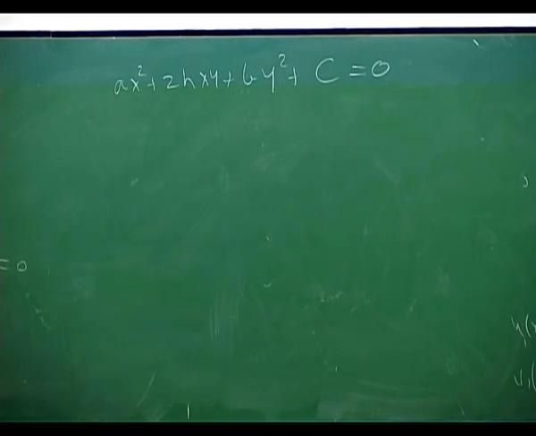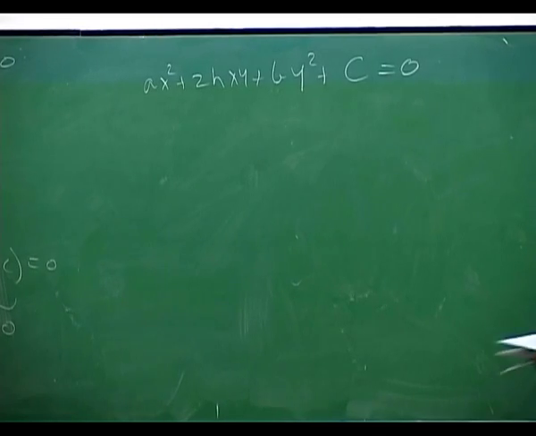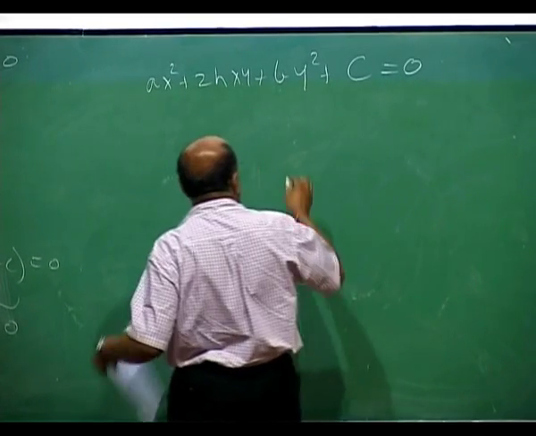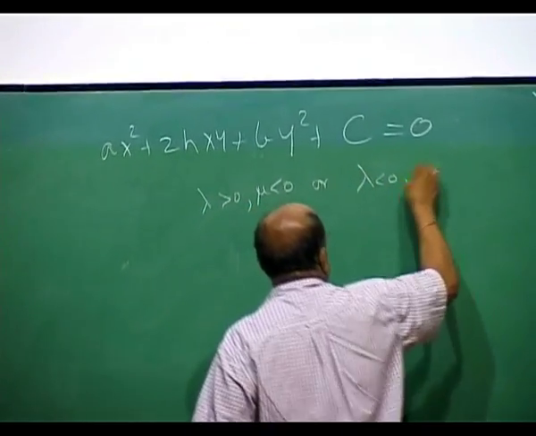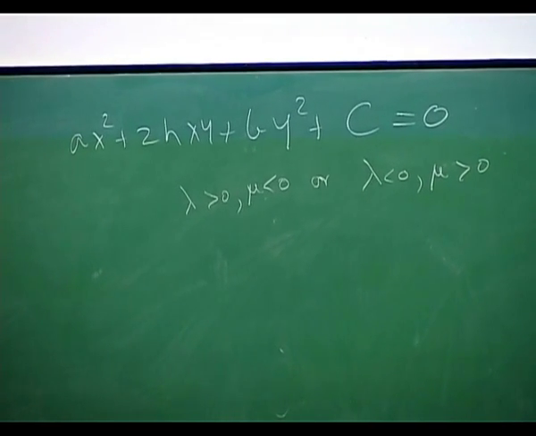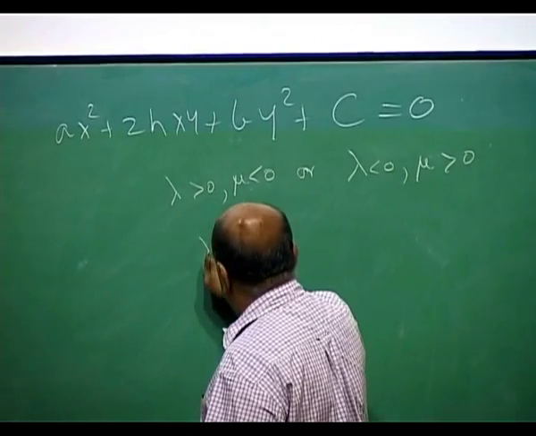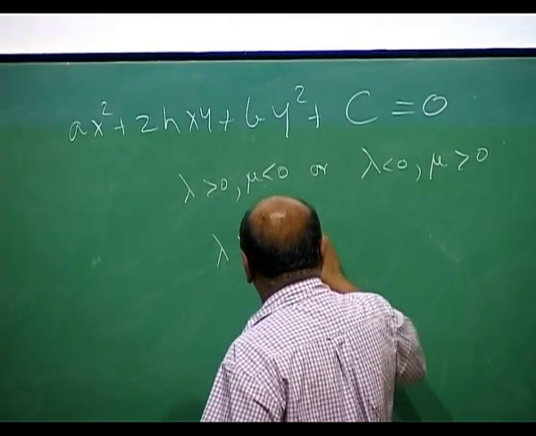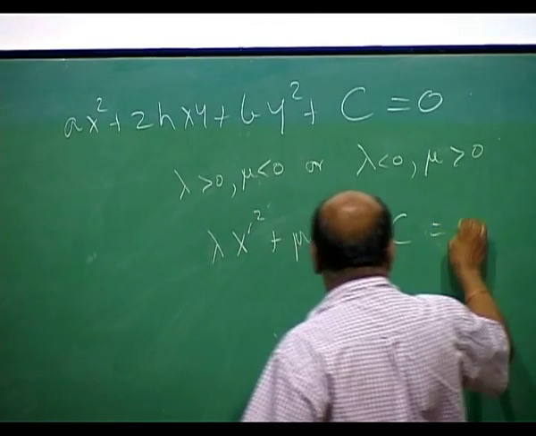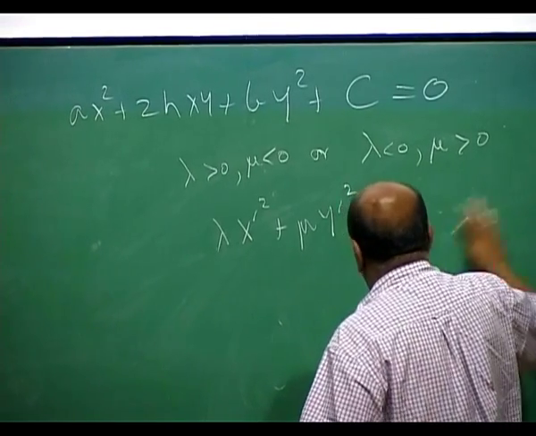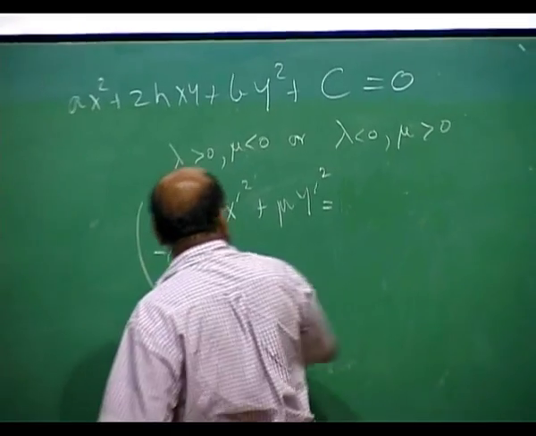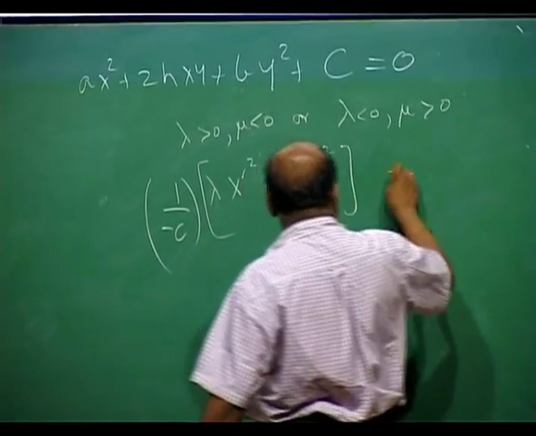So you can divide throughout by C and you will tumble into the case equal to 1 as we did last time. So if you have lambda positive, mu negative or lambda negative, mu positive, this will become lambda x dash square plus mu y dash square plus c equal to 0, or I will write it as equal to 1 by minus c of this equal to 1.